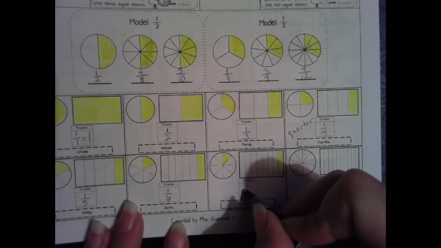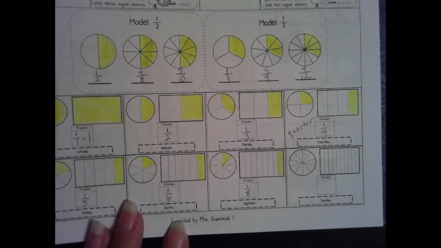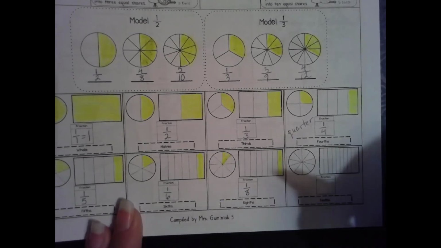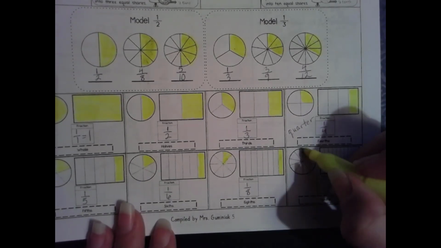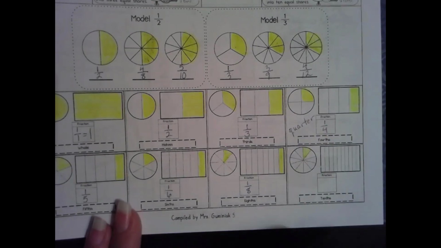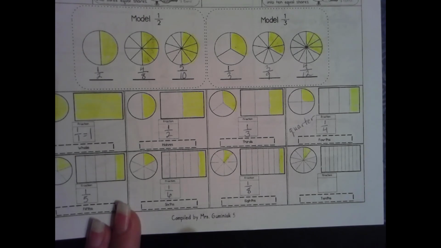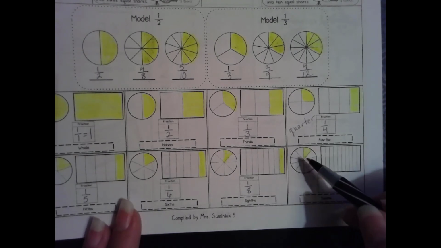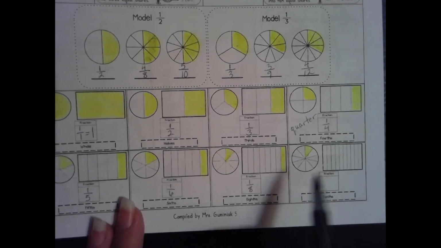So we have 1/8 is eighths. And then last one. And then every time that denominator gets bigger, these pieces get smaller because there needs to be more pieces that fit in the same area.